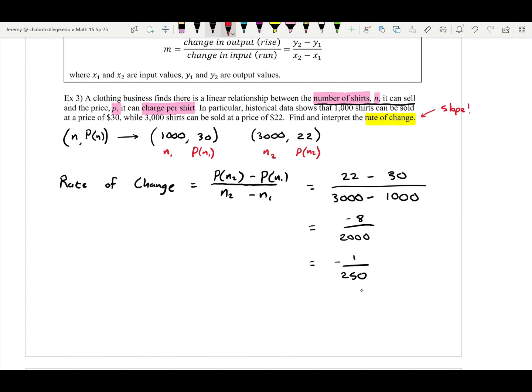Okay, so I'm just going to add in some units here. The numerator was in price per shirt, or I'll say dollars per shirt. And in the denominator, we were taking the difference of these N values, and that was the number of shirts.